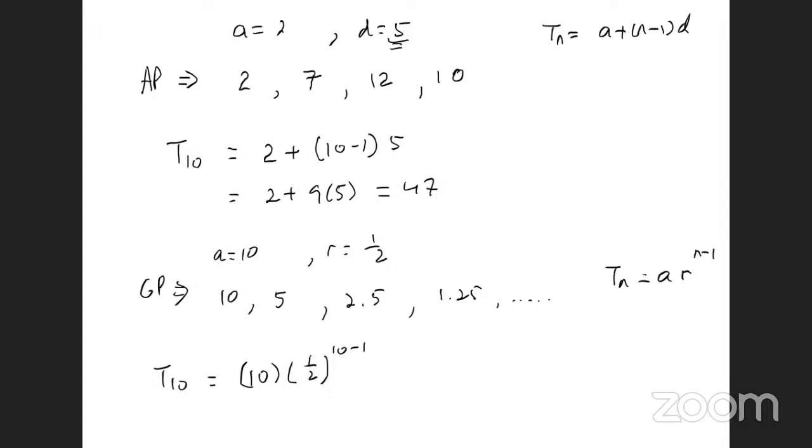Okay, then you work it out, you'll get 10 times a half to the power of 9, which is how much? Give me the decimal. 5 over 256. 5 over 256.